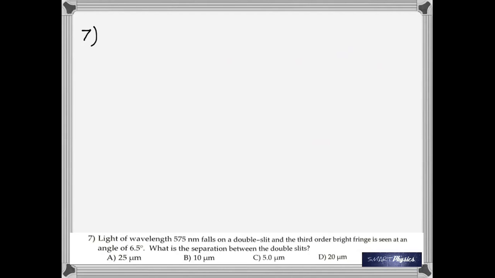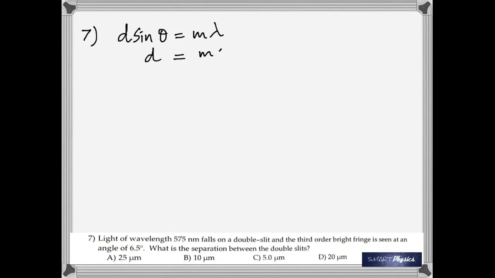The 7th one, light of wavelength 575 nanometer falls on a double slit, and the 3rd order bright fringe is seen at an angle of 6.5 degrees. What is the separation between the two slits? D sine theta is m lambda.